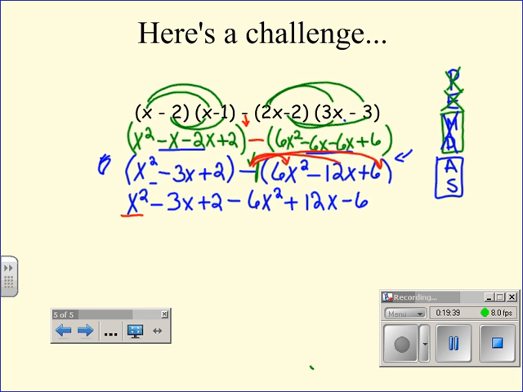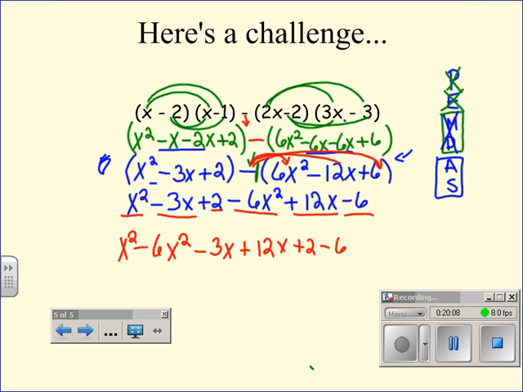So here I have an x squared and I have a negative 6x squared. I'm going to put those together before I add them just so I don't make any mistakes. X squared plus negative 6x squared. Then I have a negative 3x and I have a positive 12x. So I'm going to rewrite that, negative 3x plus positive 12x, and I have a 2 and a negative 6, plus 2 minus 6.